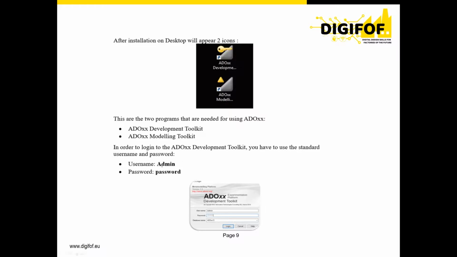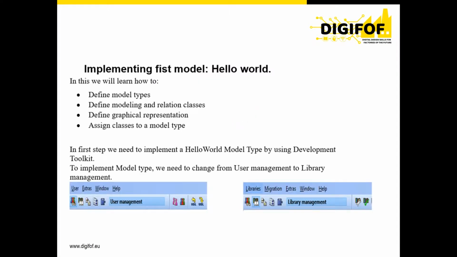As I said earlier, the default username and password are admin and password. I recommend using them only until we create our own users. After we create the users, we can use the actual platform with our credentials.